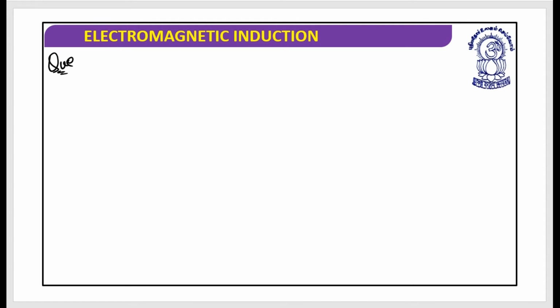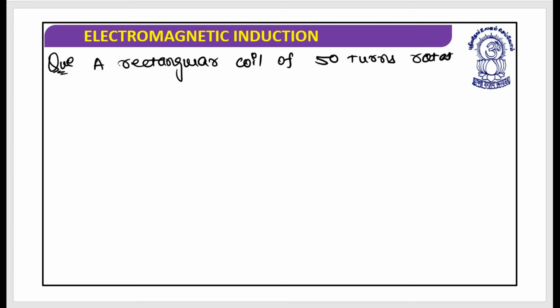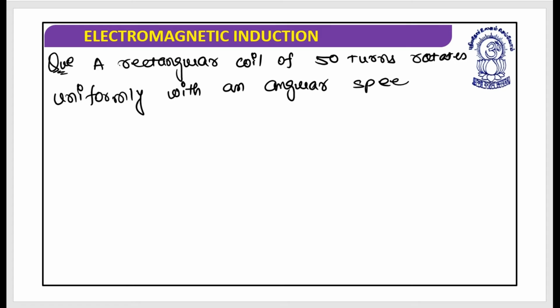The question says that a rectangular coil of 50 turns rotates uniformly with an angular speed of 240 rpm in a uniform magnetic field.